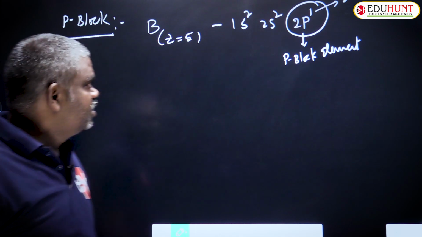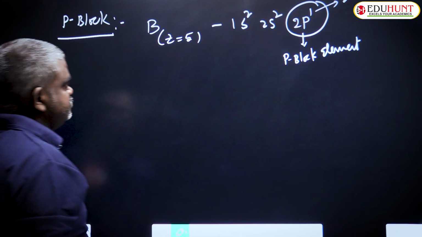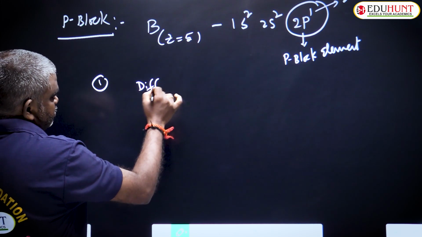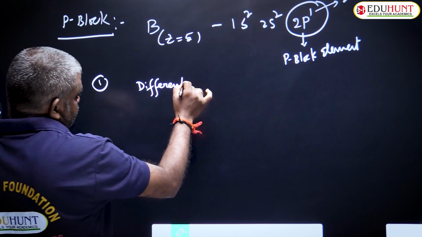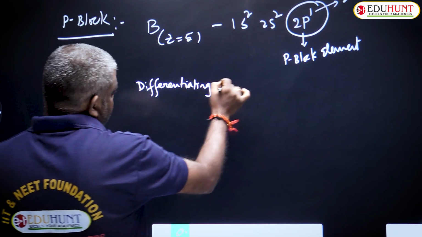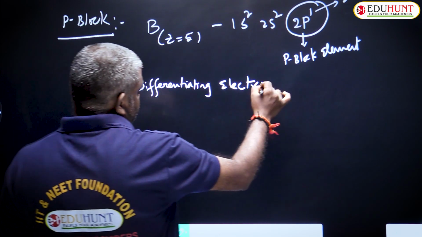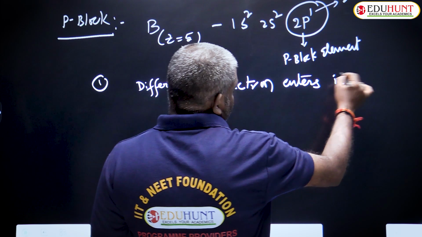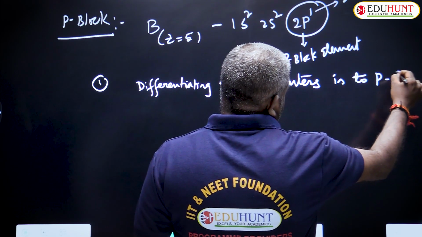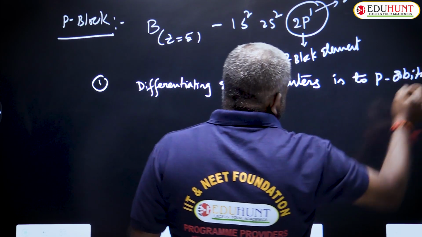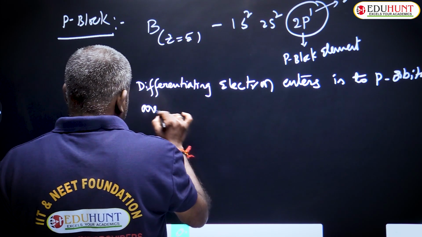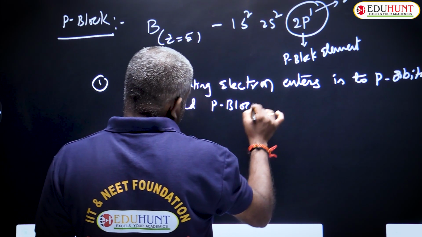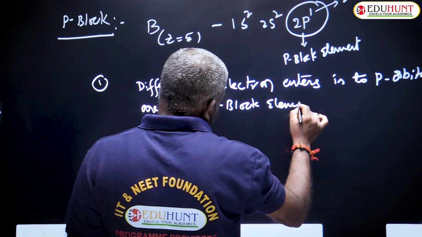See here, the first point: the elements in which the differentiating electron enters into the p orbital are called P block elements.